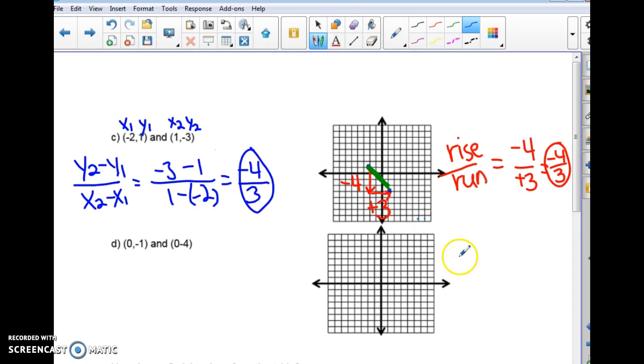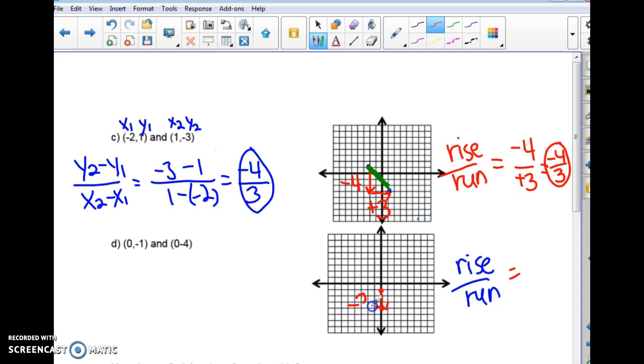So we're going to check it starting with the rise over run. We're going to check with the graph first. We're going to plot the points first. So 0, negative 1. 0, negative 4. Okay, so how much rise? I'm going to start from this point to this point. So I'm going to go down 1, 2, 3 points.